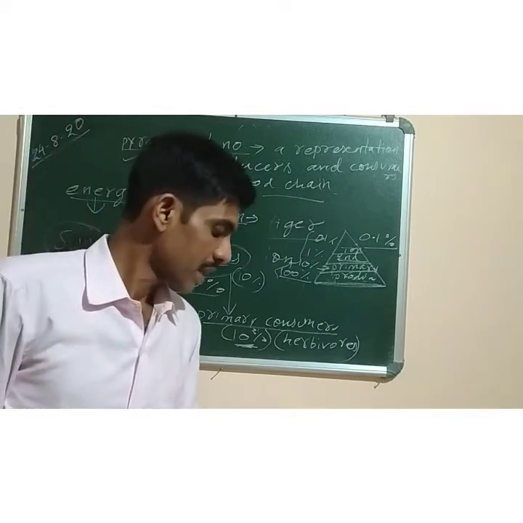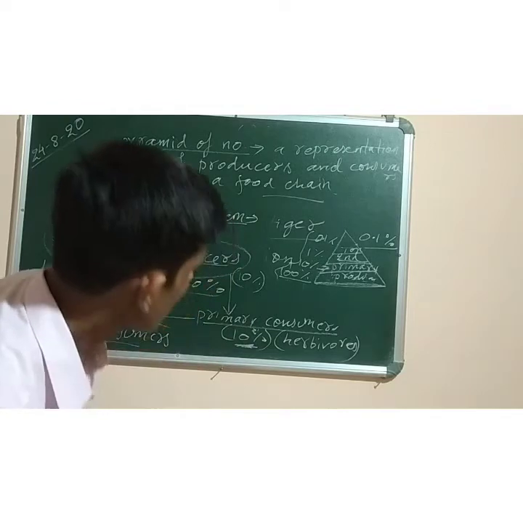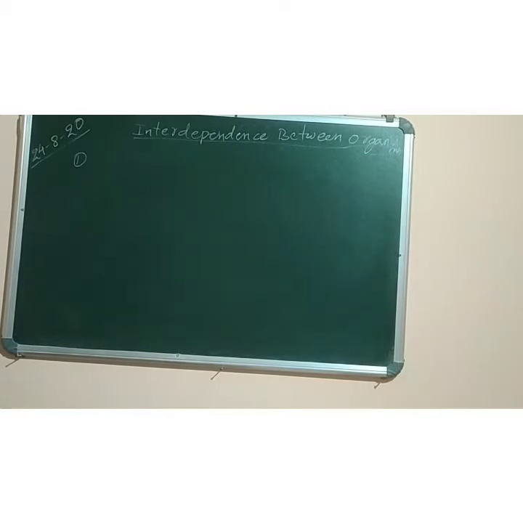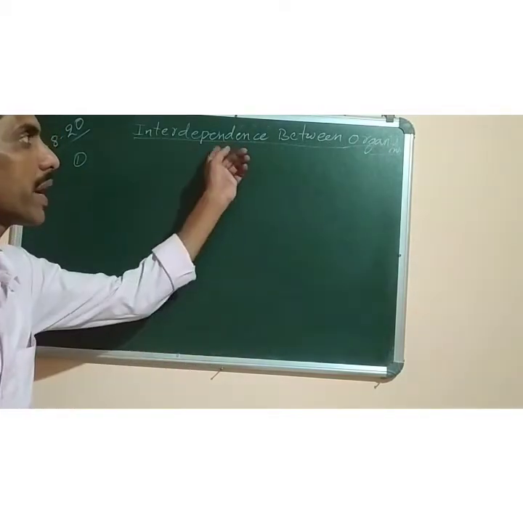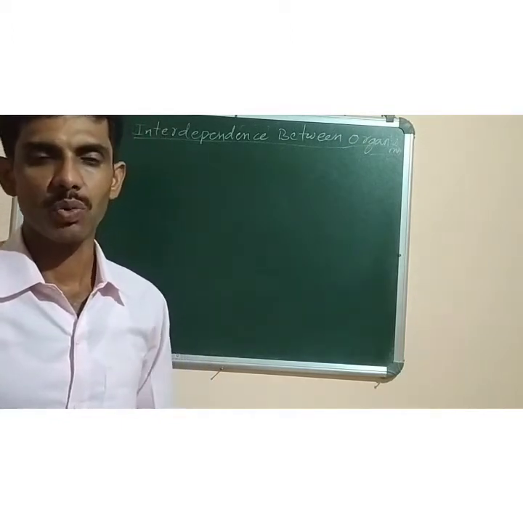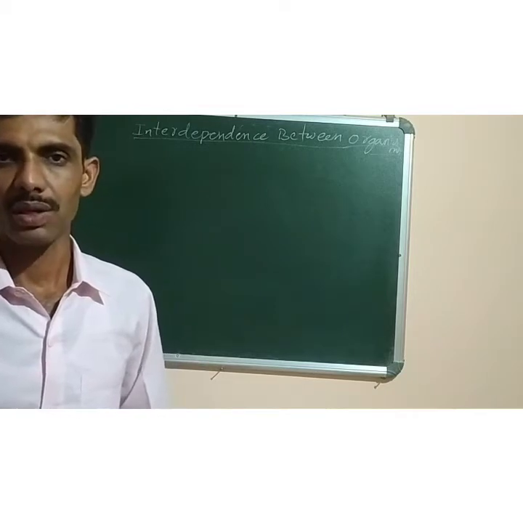Now next, interdependence between organisms. The next topic which we are going to do is interdependence between organisms. You know that all the organisms in this world cannot remain alone or in isolation.